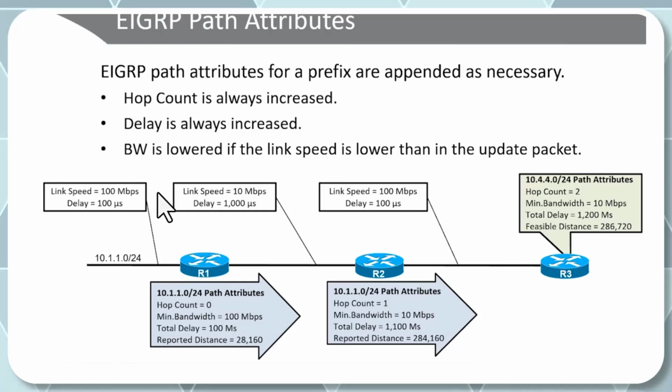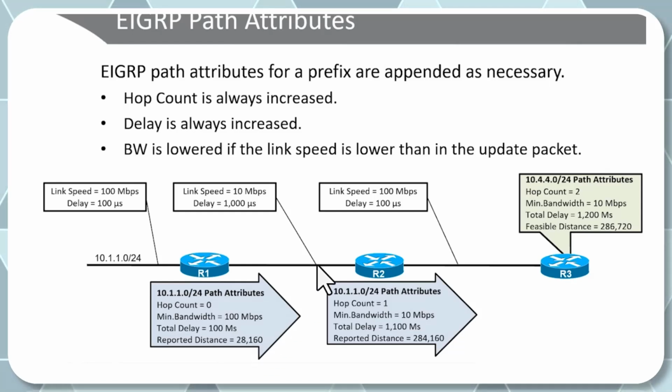For example, here the link speed is 100 and delay is 100 microseconds. What will be the attributes? As you can see, the hop count is 0, minimum bandwidth is 100 Mbps, total delay is 100, and the reported distance, which is calculated with the help of the previous formula using K1 and K3, will be 28160.